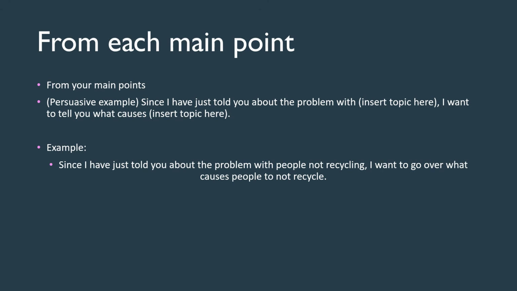You're mentioning that you just finished talking about the problem, which would be your first main point. And then you're letting your audience know with this transition that you are now moving on to what you feel causes the problem, which is your second main point. Again, we've done what we're supposed to by mentioning main point 1 and then main point 2.